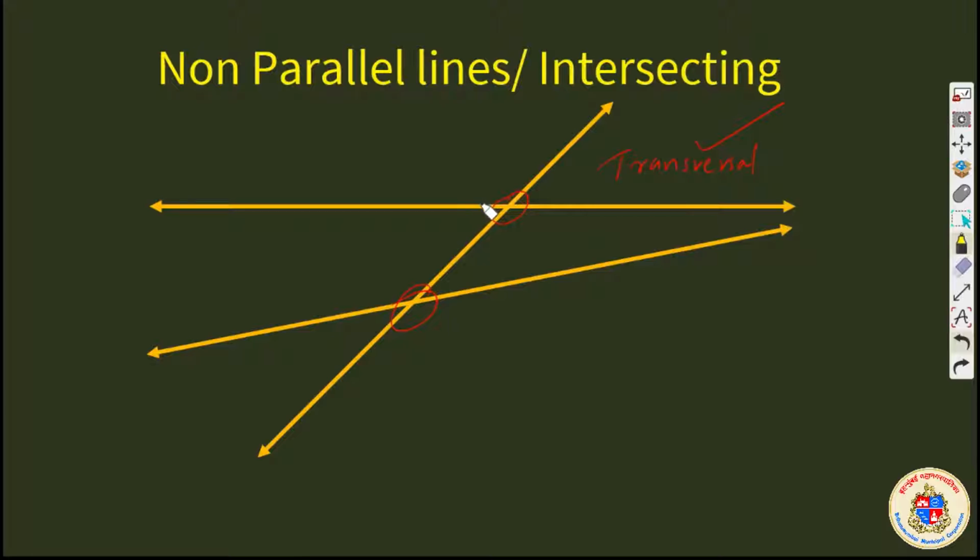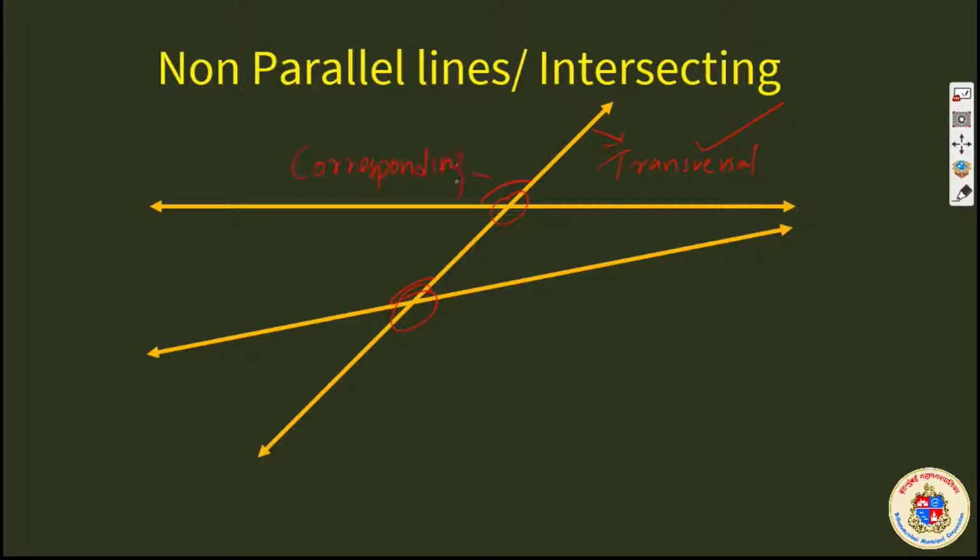We found that angles are formed in this kind of situation. And the angles formed, we named them also. When the angles are formed on the same side, like this, these angles on the same side of the transversal, this is the transversal, we named them as corresponding angles.